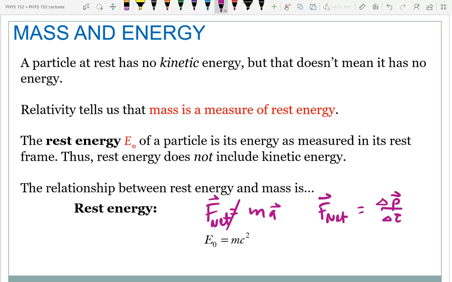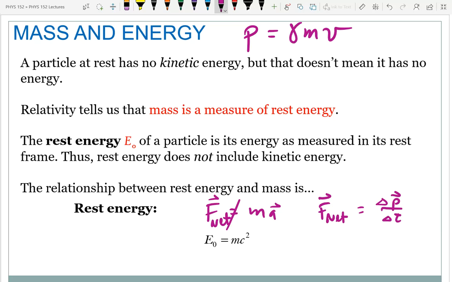Since momentum has a magnitude of gamma mv, if your momentum is infinite, what is the speed going to be? The speed of light, because gamma goes to infinity as speed approaches the speed of light.